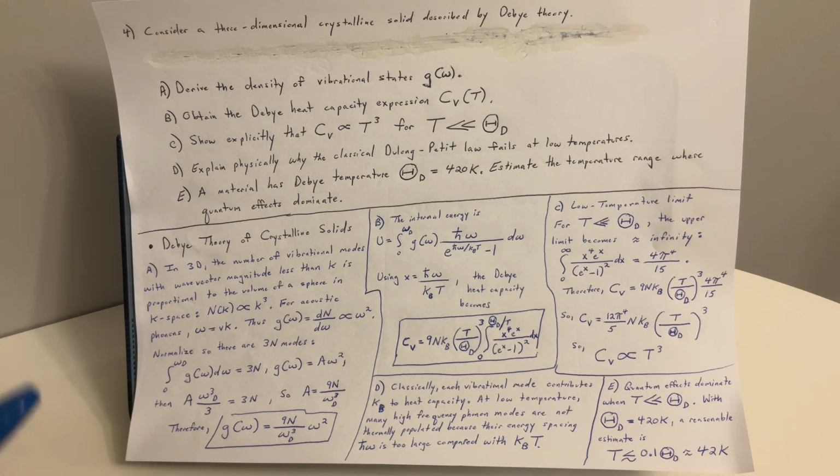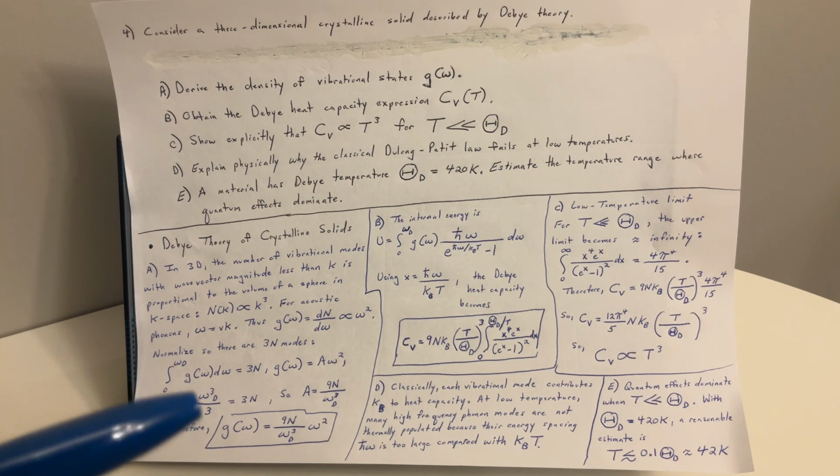For acoustic phonons, omega equals vk. Thus, g of omega equals dN/d omega, proportional to omega squared. If we normalize so that there are 3N modes, integrating from 0 to omega sub D, the integral of g of omega d omega equals 3N, with g of omega equals A omega squared.